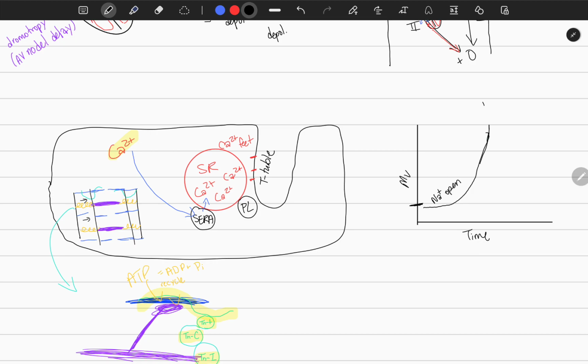At the tippy top, sodium channels are going to close, but there's going to be a calcium leak, which will cause a decrease, and there's a plateau here of calcium trigger, which is the trigger of depolarization from the T-tubule. That is where all of that has occurred.